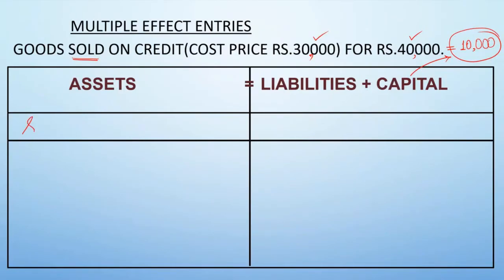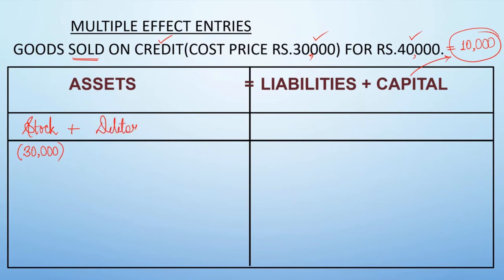We reduce the cost value of the stock, because when we purchased it, we purchased it at cost value only. Then we are selling it on credit, so debtors will also arise for the business.